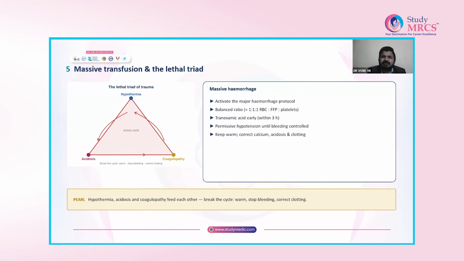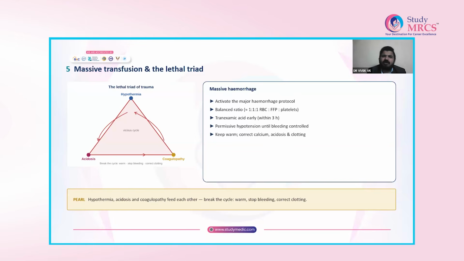That can further aggravate the bleeding because the blood pressure is higher. So you only require some permissive hypotension. Permissive hypotension means hypotension at a level that still supplies adequate blood to the vital organs.